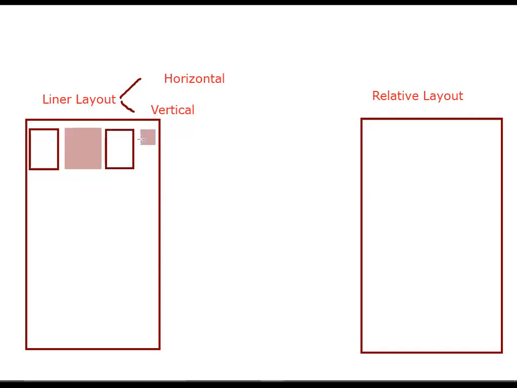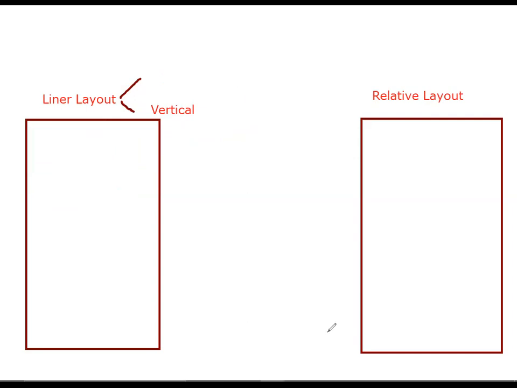This is how it will work. The vertical layout goes top to down, and the horizontal layout will go the horizontal way, just like the word says. You see how it's going this way? Horizontally. And the vertical will go top to down.